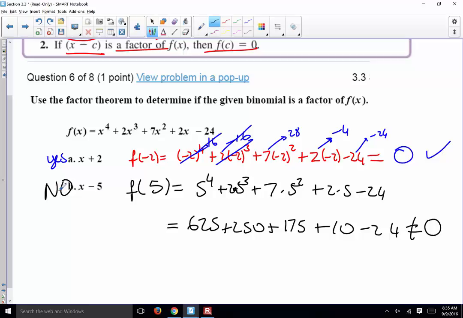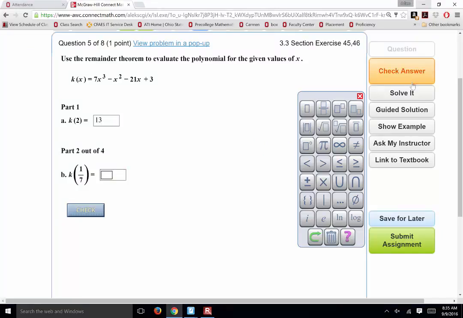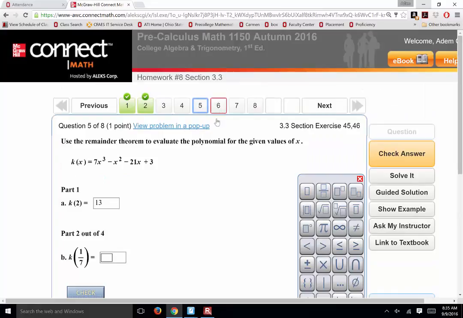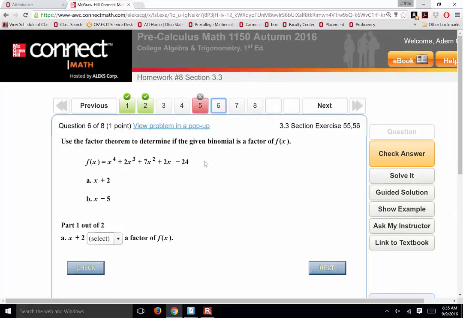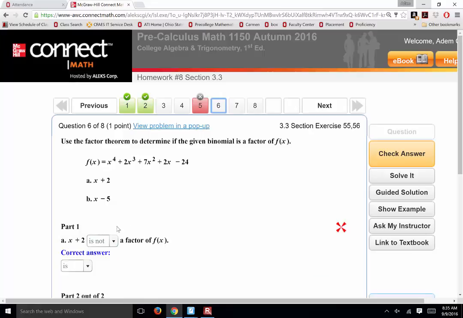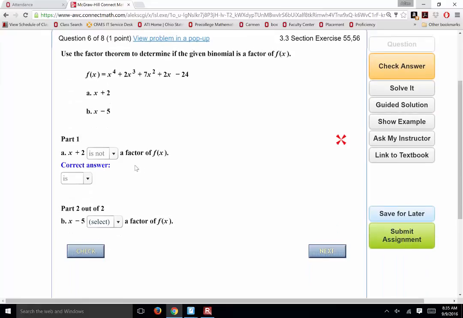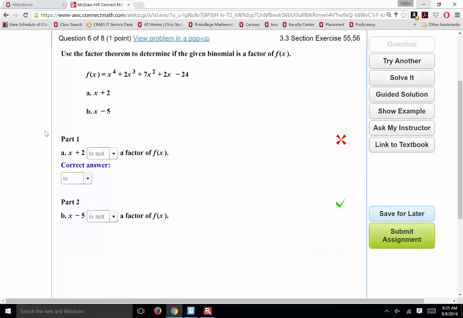Questions? Again, the way you're supposed to solve these questions, it's not guessing. By the way, if I made the wrong choice, this is not right. x plus 2 is a factor. This one is not.